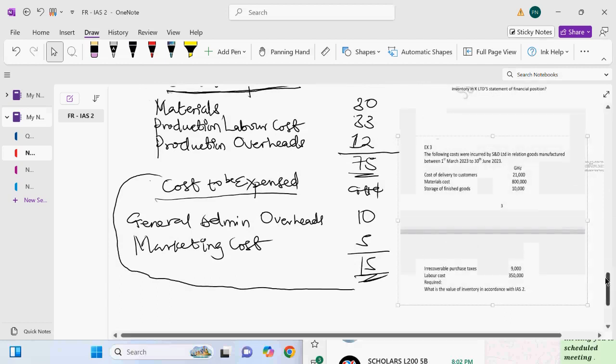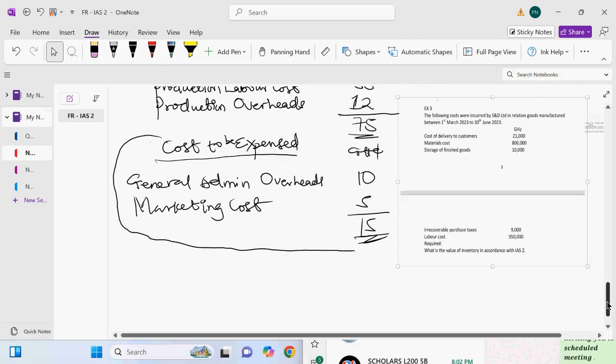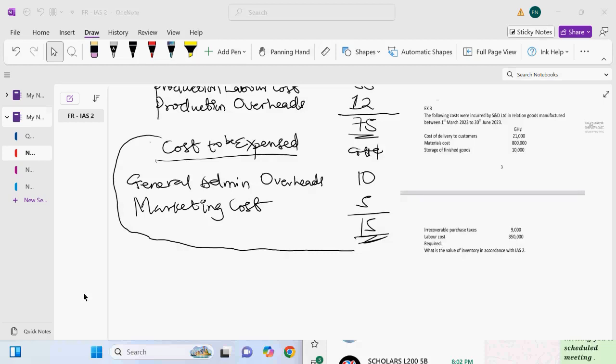The following costs were incurred by S&D Limited in relation to goods manufactured between 1st March 2023 and 30th June 2023.